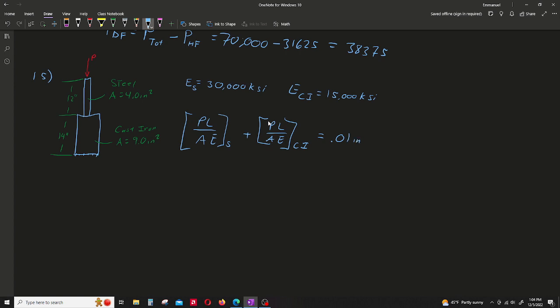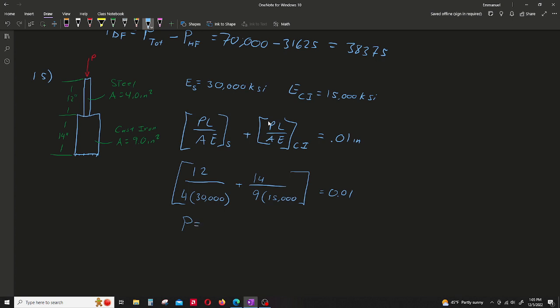So plugging in our values and solving for P, we get our equation, it looks like that.